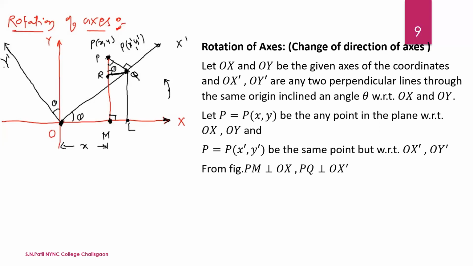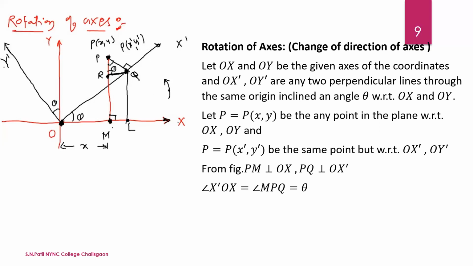Now from the figure, line PM is perpendicular to OX. This is the original axis. After rotating the axis through an angle theta, PQ is perpendicular to OX dash. Now the angle X dash OX is the same as angle MPQ.